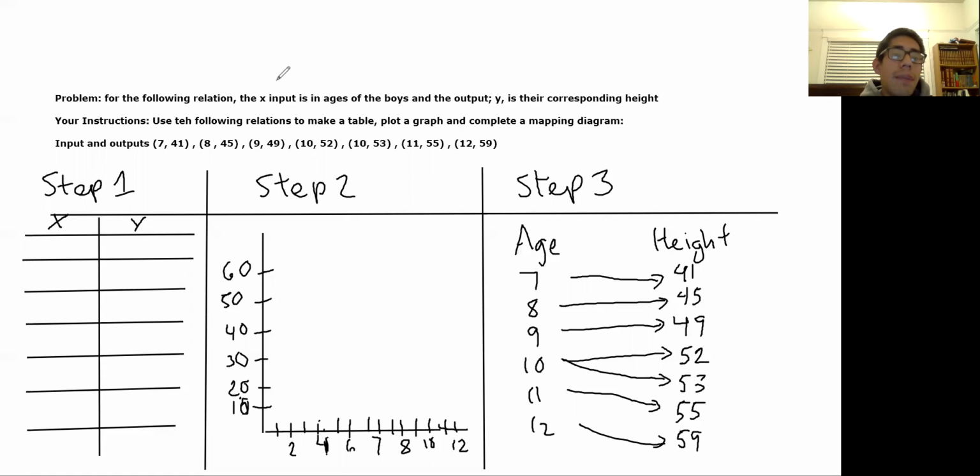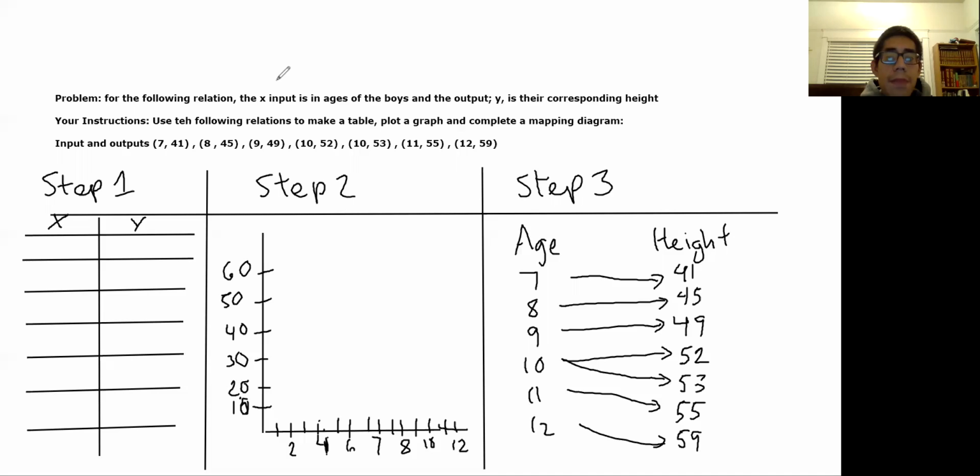For the following relation, the x input is the ages of the boys, and the y output is their corresponding heights. The inputs and outputs are given to us as coordinate points: (7, 41), (8, 45), (9, 49), (10, 52), (10, 53), (11, 55), and (12, 59).